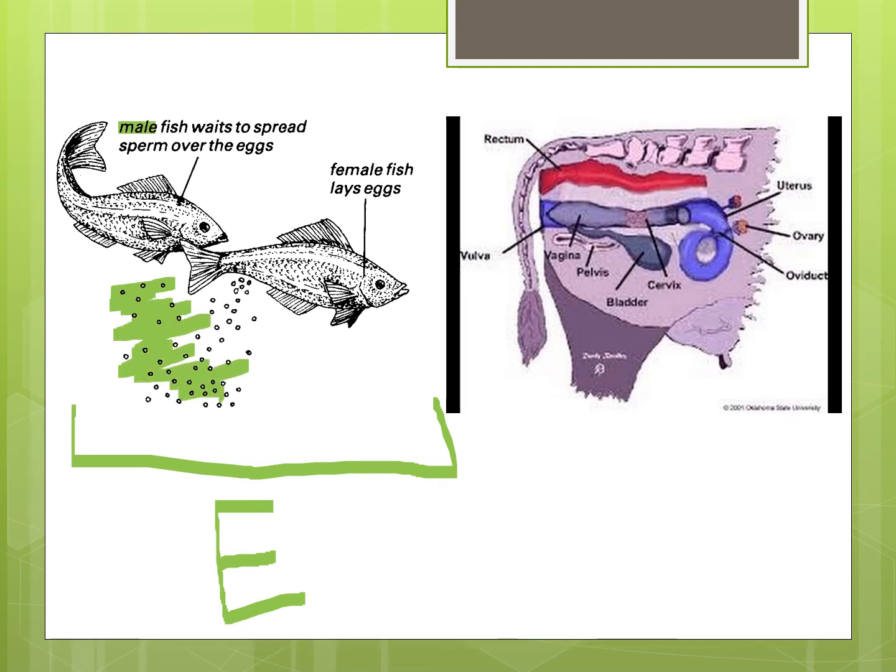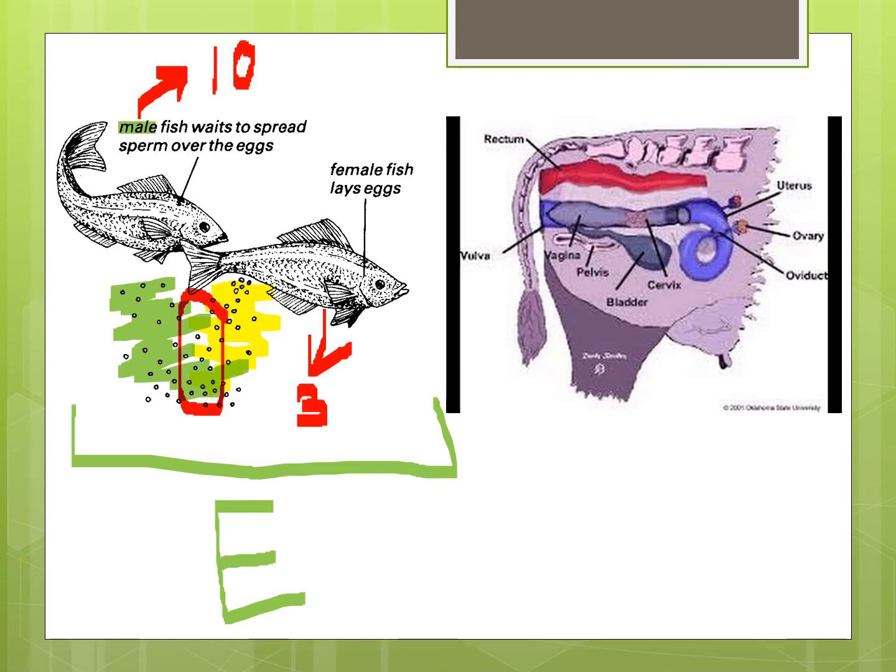And your female will produce a large number of egg cells, which will also be released into the water. And a very small fraction of them will be able to meet up and effectively undergo the process of fertilization. A male fish can release up to 10 billion sperm cells, and your female fish can release up to 3 billion eggs.